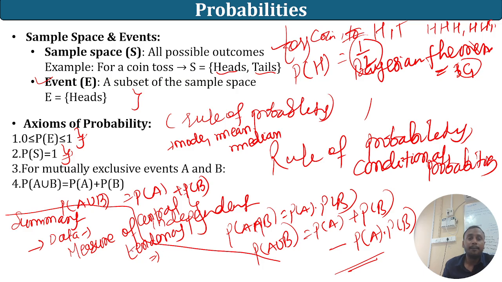Then we have seen measures of dispersion: range, percentiles and quartiles, standard deviation, variance, interquartile range, and skewness and kurtosis.